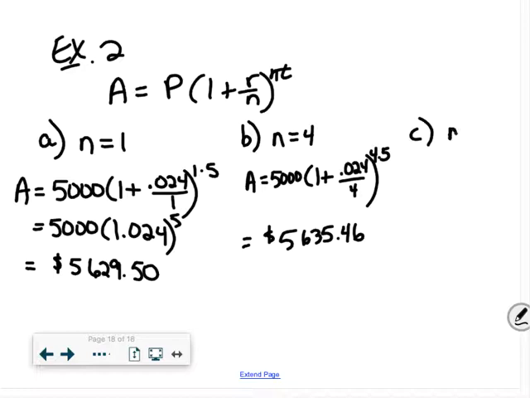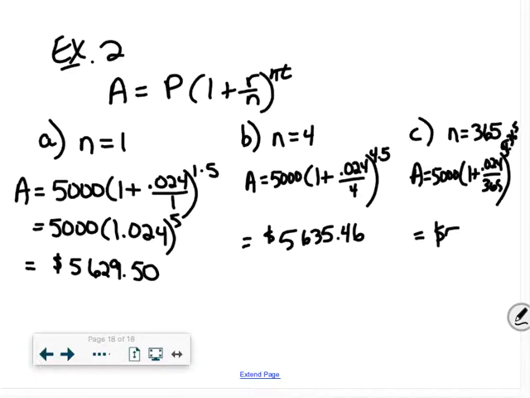So letter C is pretty tricky with 365. That's daily. On letter C, I got $5,637.46.